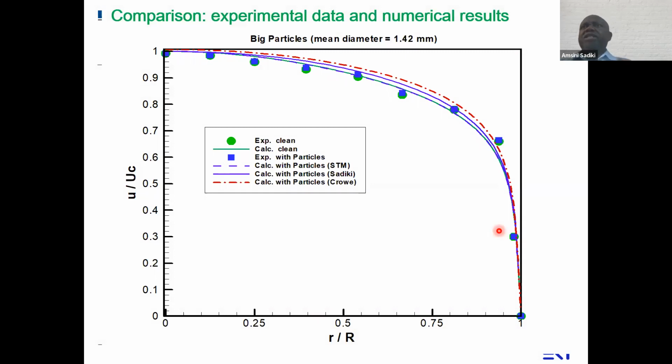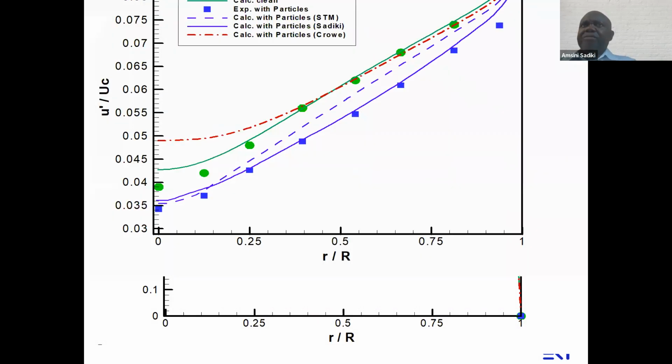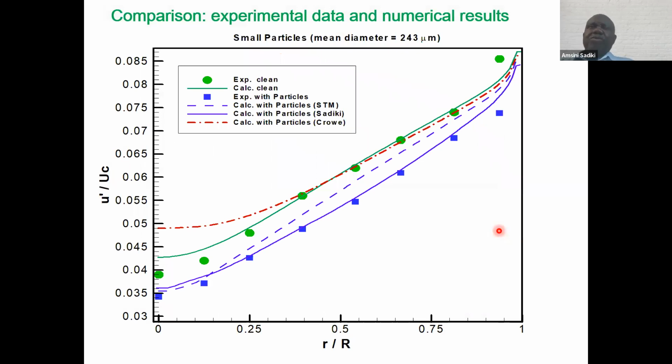The mean velocity is not really changed. But if we go to the turbulent kinetic energy or the fluctuations, we see a large change. This is without particles here. Without particles is green, and blue is with particles.